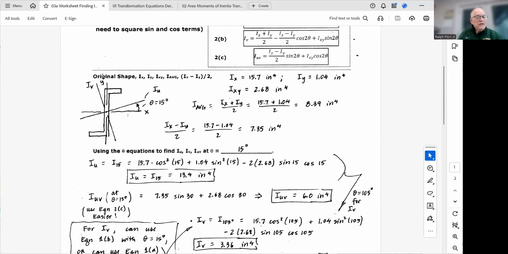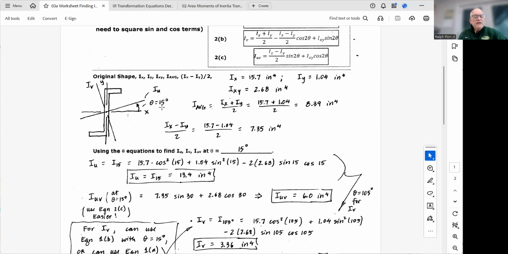So you'd expect the Iy to be smaller, and you would expect the Ix to be larger. And that's true. Ix is 15.7, it's large. Iy is 1.04 because of the area so close to the y-axis. And Ixy is positive because it lies in quadrants 1 and 3, as you would expect.